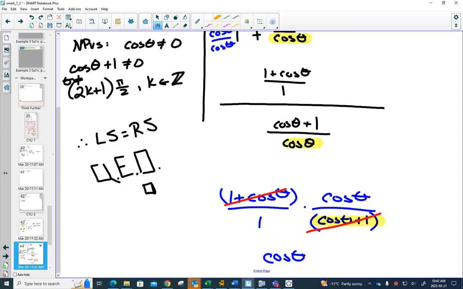And if you look at this one, where is cos theta equal to -1 on your pi plate? That is just at pi. So theta also can't equal pi, and you have to write the general solution for that. Those would be all of the non-permissible values in this question.